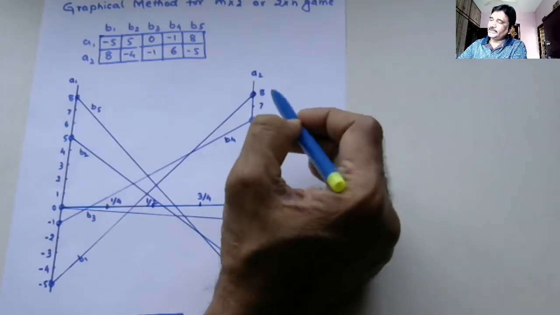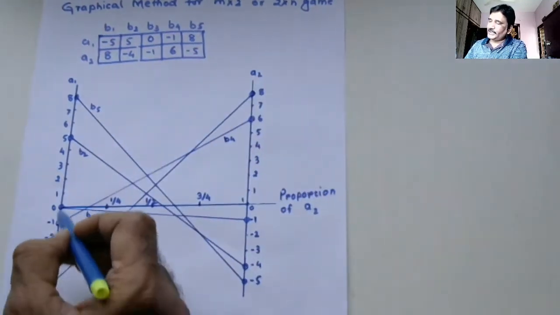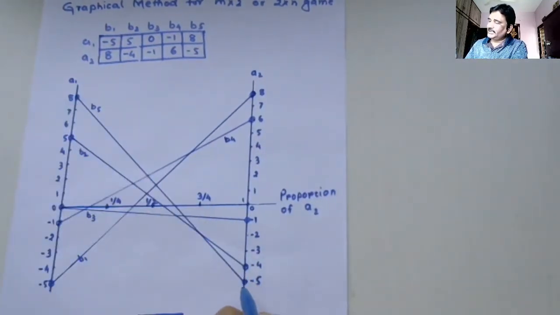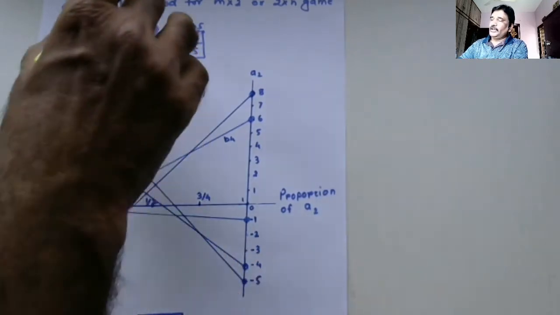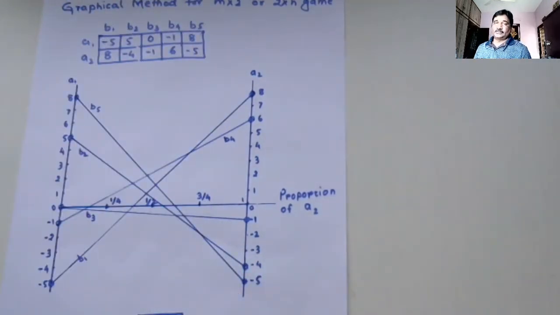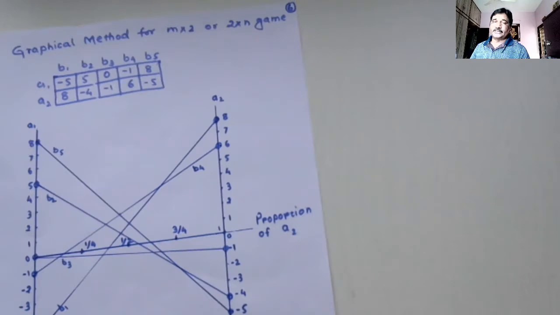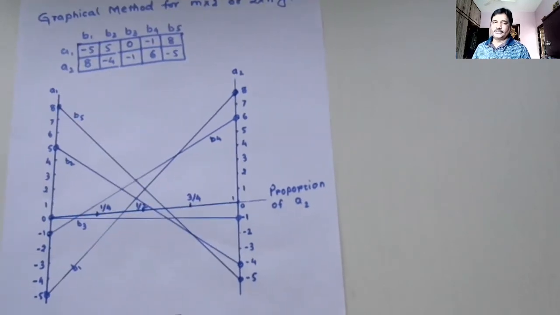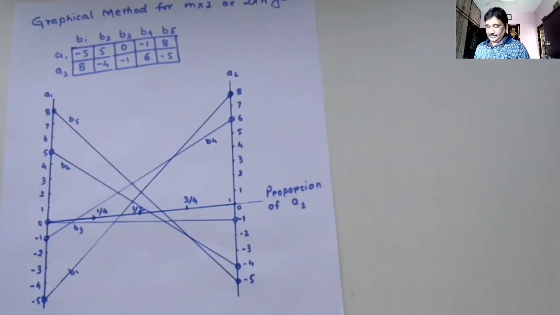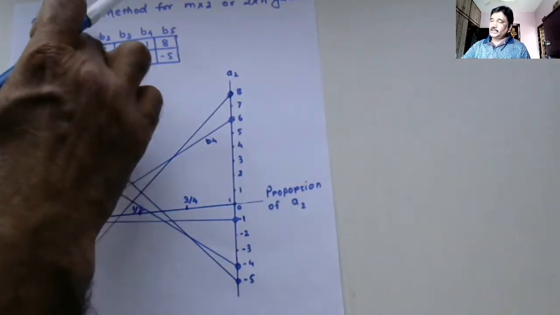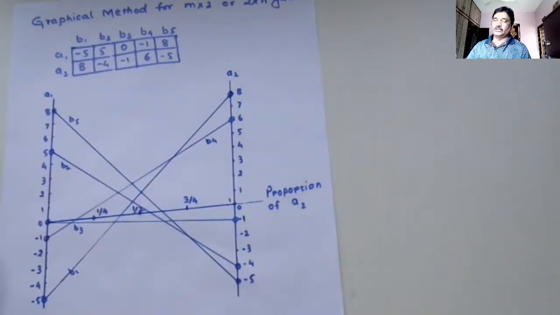Join it by a line, then 8 and -5, 8 on this and -5 on this. So everything in this table is represented on the graph, right? Just by drawing two vertical lines and one horizontal line, and joining these values on the graph, we have represented the table on the graph.